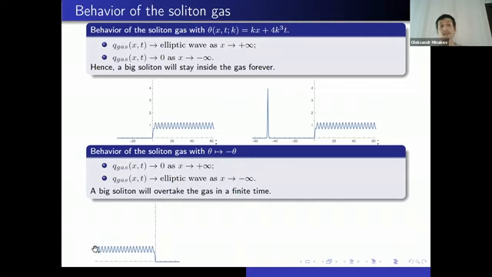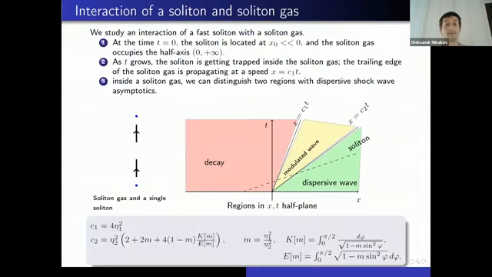So if we put a big soliton on the left, it will interact with this soliton gas for only a finite time, and then it will go to the right. That's why we chose the first setting, because now we can study the interaction of the soliton gas with this big soliton forever.